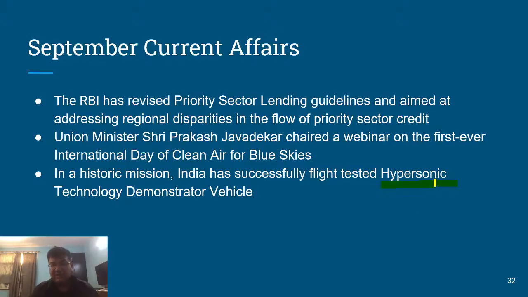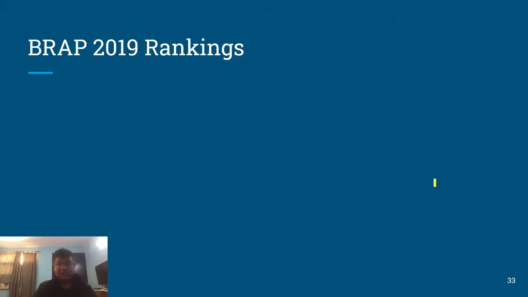Hypersonic means faster than sound. I'm just giving you a very, shall we say, tip of the iceberg definition. It's simply a vehicle which runs super fast. It's faster than the speed of sound. Right. For more details, you can check out the internet. Look at the Google images. आपको idea लग जाएगा. This is actually a very much a historical mission for India.